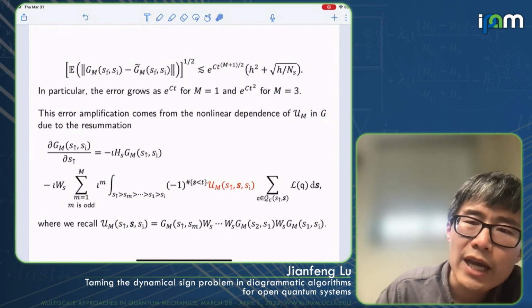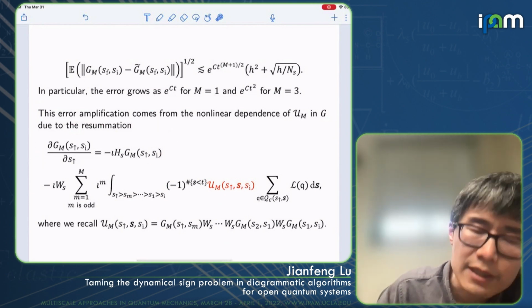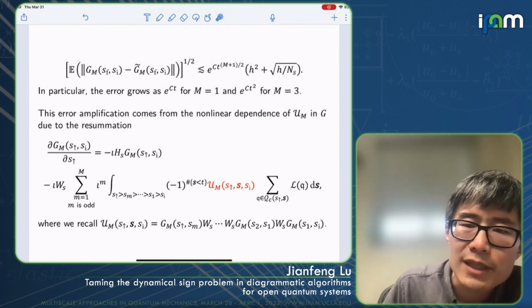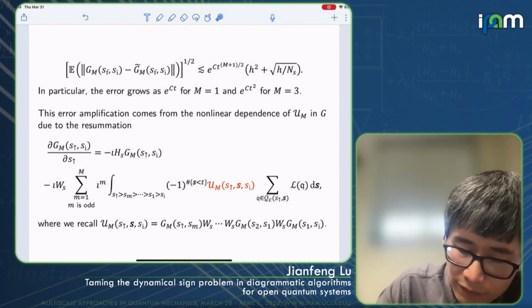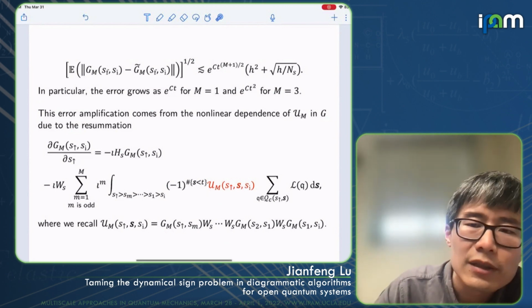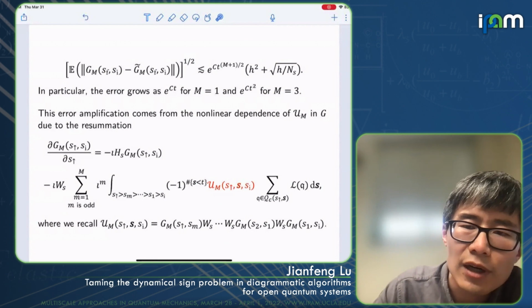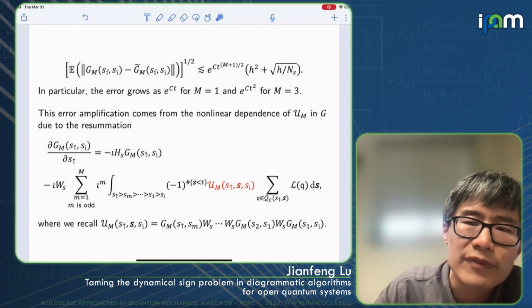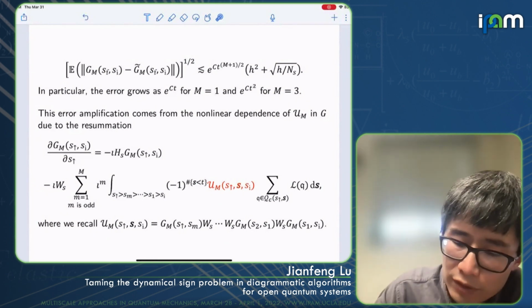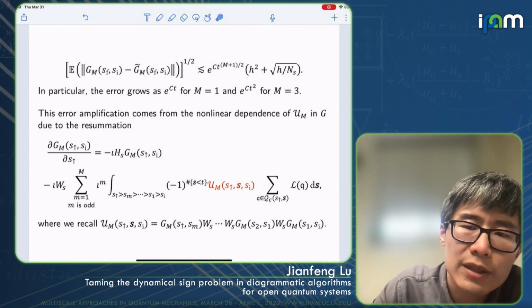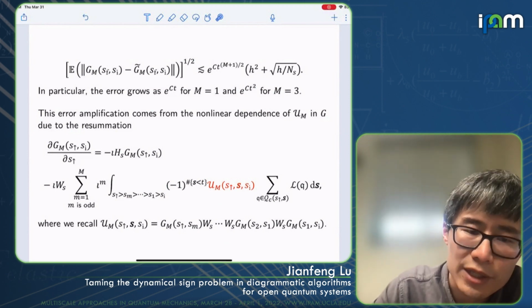If you only had a differential part, this thing would be linear. But because of the introduction of these diagrams, the nonlinearity comes in through these bold line terms, and the error amplification coming from these nonlinear terms makes it worse. Even though we can still control them and it fits numerically well, it does seem that it's actually worse than exponential.